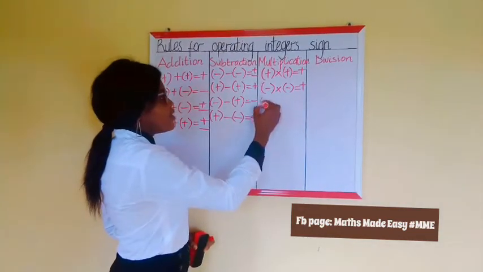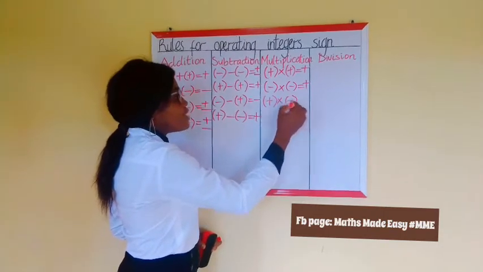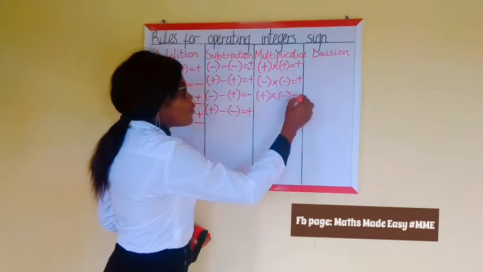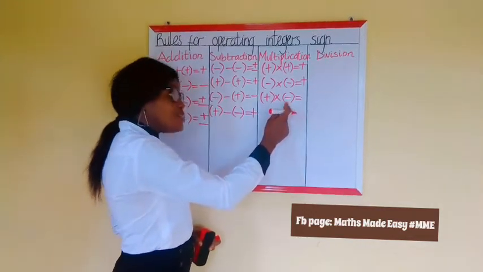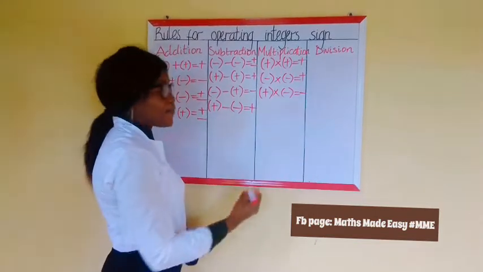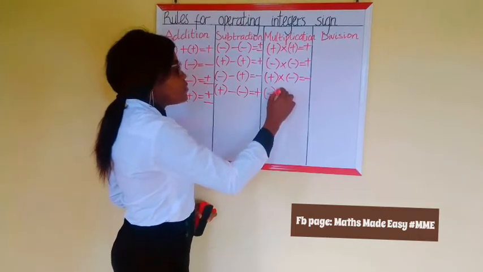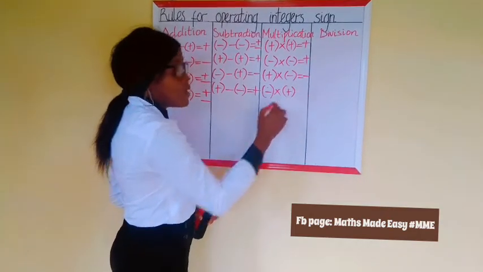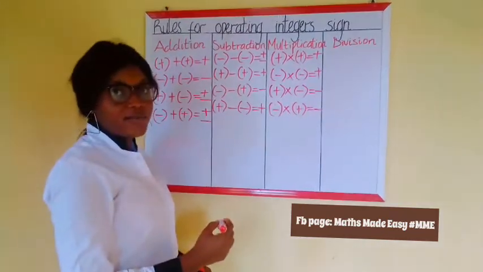Here you have a positive number times a negative number, which will give you a negative answer. Here you have a negative number times a positive number, which will give you a negative answer.